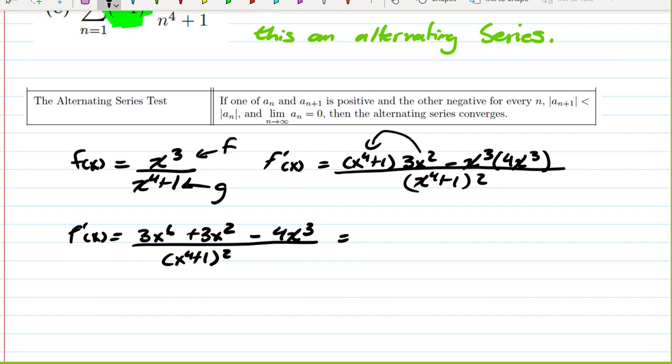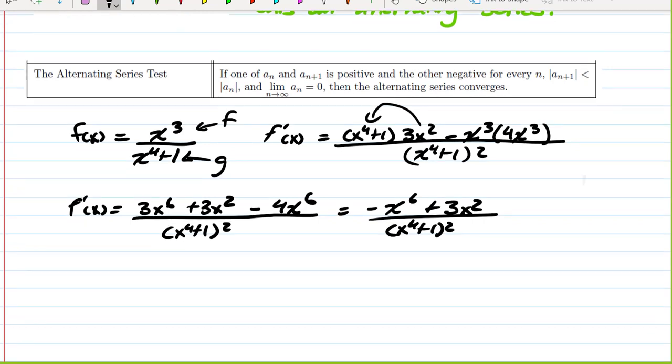Sorry, I have a typo here. I wrote the third power times the third power makes this the sixth power. Collecting our like terms, we would get negative x to the sixth plus 3x squared all over x to the fourth plus 1 squared.